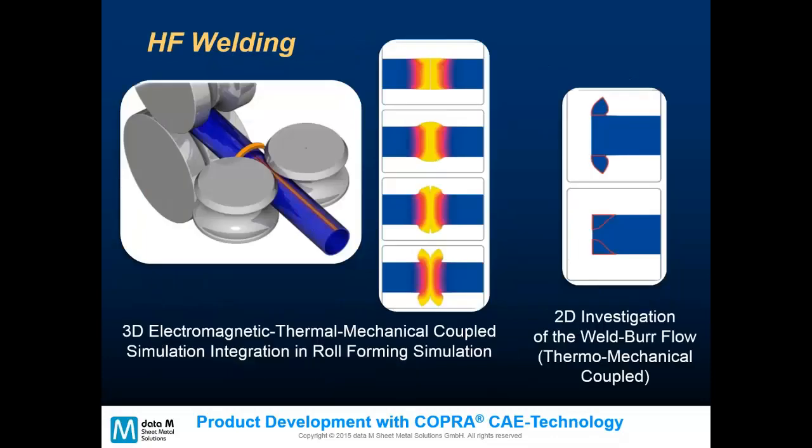High frequency welding, you can see we have an example here of 3D electromagnetic thermomechanical coupled simulation, and this was integrated into the roll forming simulation itself. In addition to that, there's also the possibility for a 2D investigation of the weld burr flow, and this is a mechanically coupled investigation.